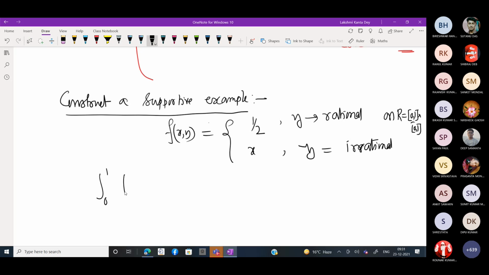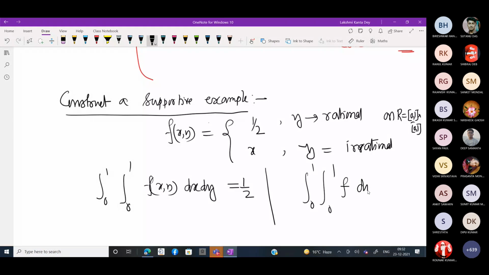Integral 0 to 1, 0 to 1, f(x, y) dx dy, what will it be? It will be half. And if we look at integral 0 to 1, 0 to 1, f dy dx, and the double integral over R of f dx dy, these two things do not exist.